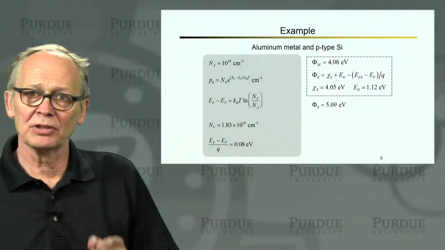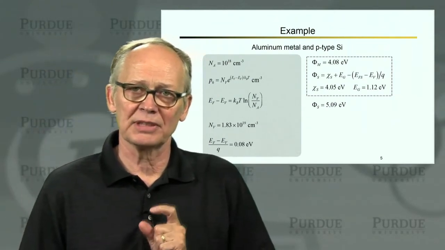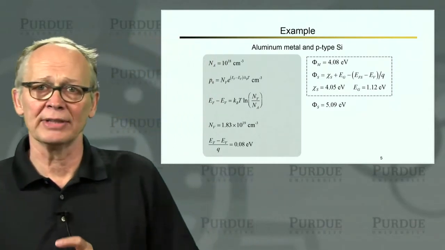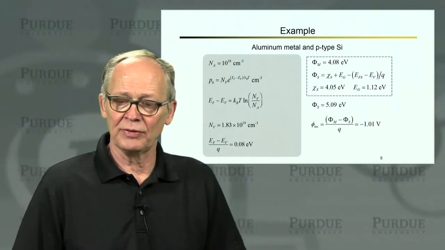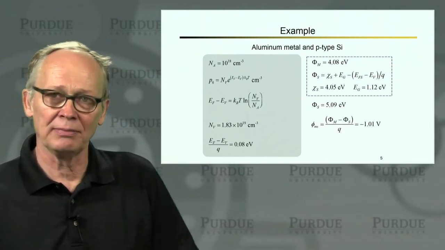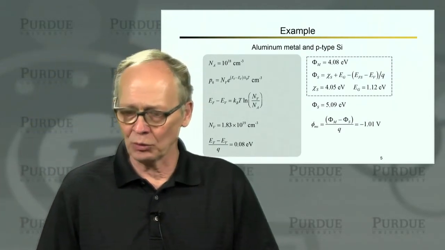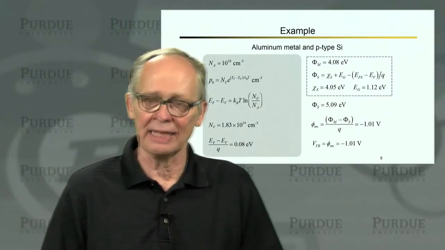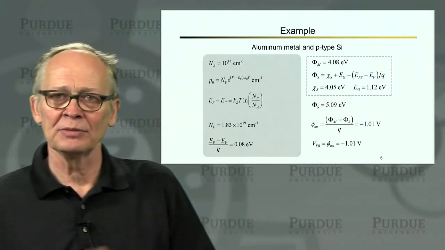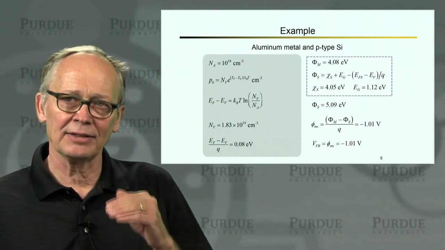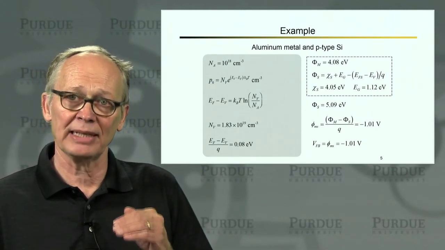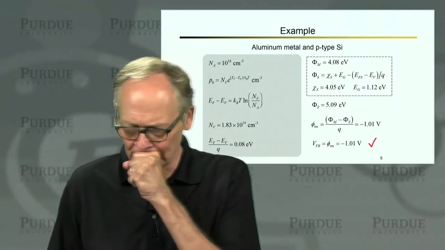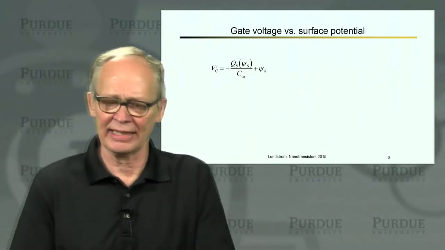We can plug in numbers, and the work function of the semiconductor in this example is 5.09 electron volts. The work function difference in volts is minus 1.01 volts. So it means the flat band voltage in this particular example is about minus 1 volt. You have to apply a negative 1 volt to the gate of this MOS capacitor in order for the bands inside to be flat. So that's an example of how a calculation like this would go.